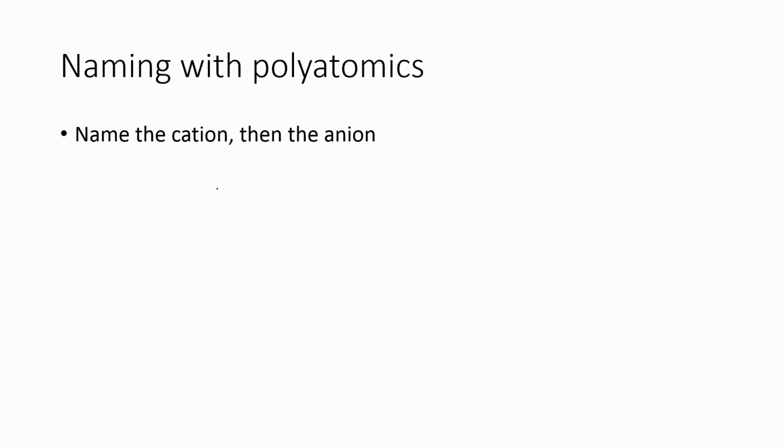Okay, so let's name these. We have NH4Cl. We name the cation, polyatomic, ammonium, and the anion, chloride. So together this compound is ammonium chloride.